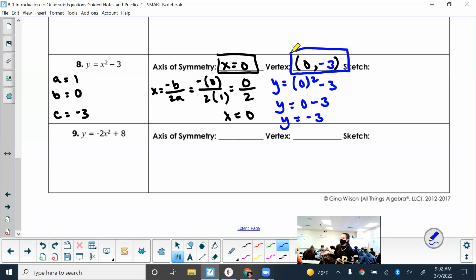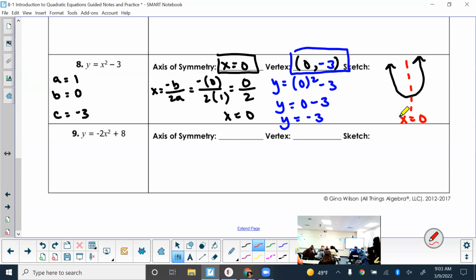All right, then sketch it. I could use my graphing calculator to help me sketch it, but even without it, I should know that it opens in what direction? Upward, because A is positive. When A is positive, it opens up like a smile. Where would my axis of symmetry be? Down the middle.